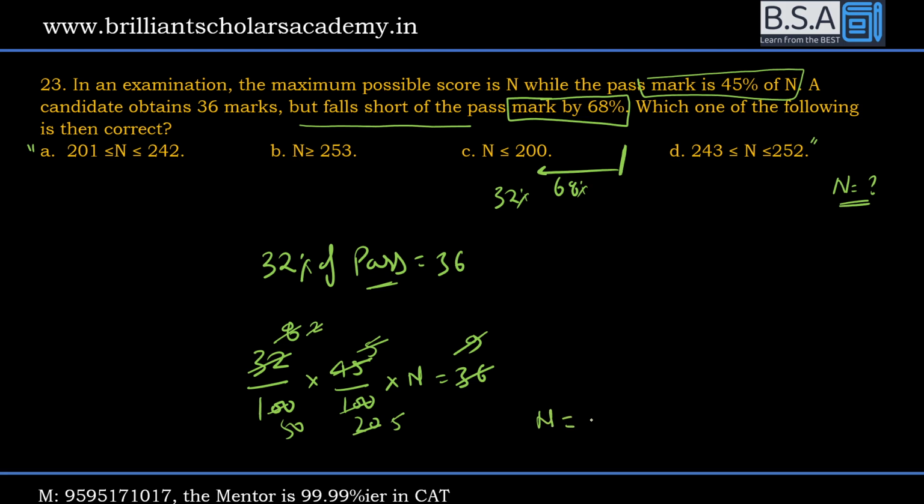N is... very elementary application of percentage. There's only one tricky application here. Something is falling short by 68%. So if something falls short by 68%, you have achieved 32%.